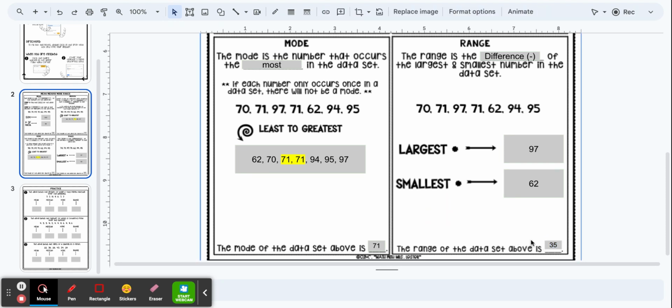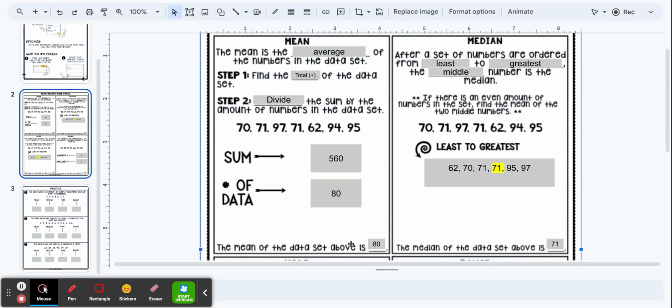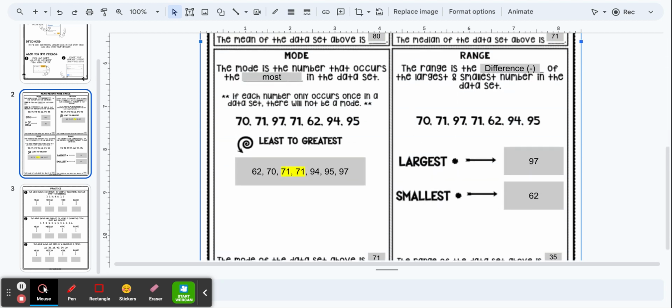Notice that range is a little bit different. It doesn't start with an M, so it's not in that pattern. Also, whenever we looked at mean and median, the numbers are usually within the range of the numbers we have.